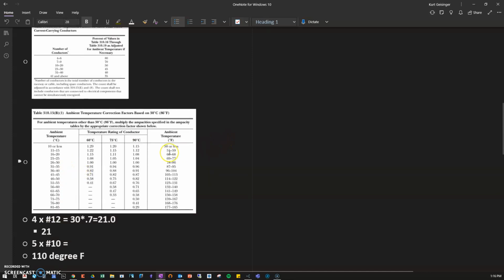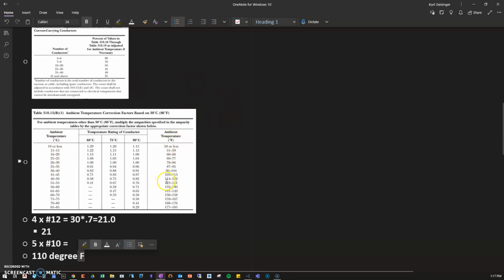I'm in a high ambient temperature area of 110 degrees. So if I check my table over here, and we got to keep in mind, our ambient temperature is given to us in Fahrenheit. I'm going to use this column to find Fahrenheit. By the way, this is table 310.15(B)(1) at this point. If they've given me the ambient temperature in Celsius, I would use this side, but I'm using Fahrenheit here.